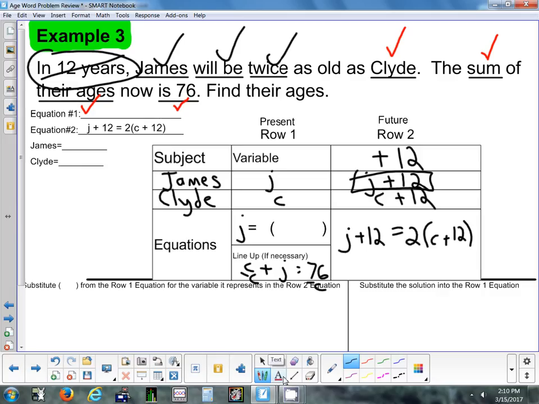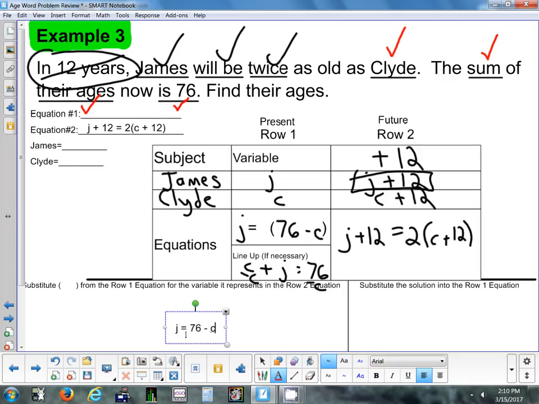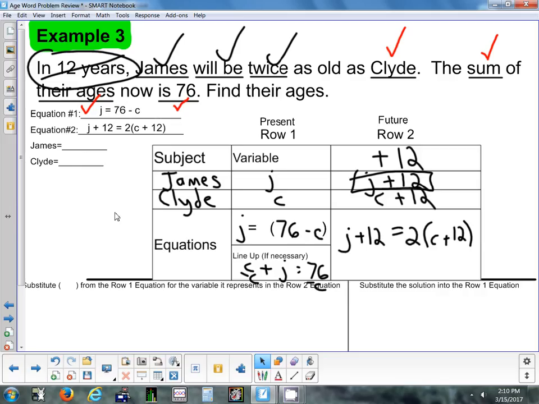J equals, what am I going to write in parentheses? 76 minus C. I just took the C, I subtracted it so I can get J by itself, and subtract it on the other side. Just like last week, we had to get an extra Y by itself to be able to plug in. Now I'm ready. So, what variable, Dominic, I want you to look at this, all right? What variable will I be substituting for? Look at this.